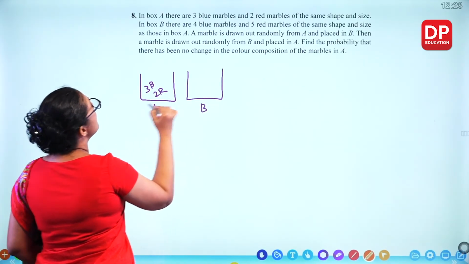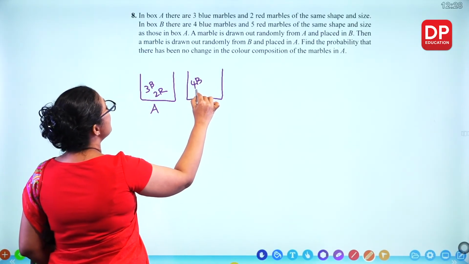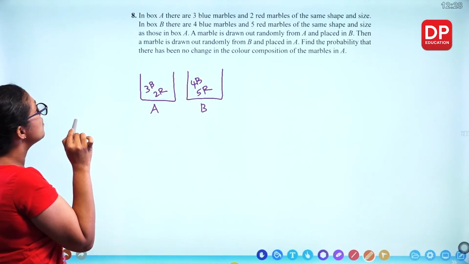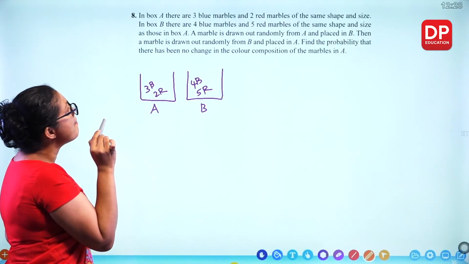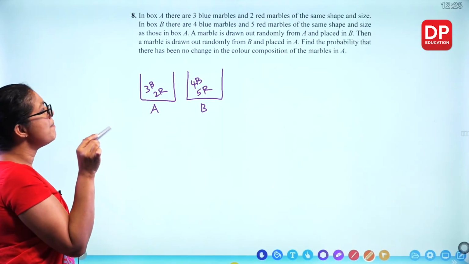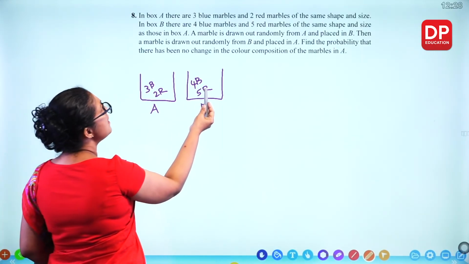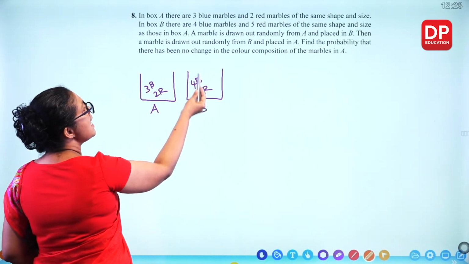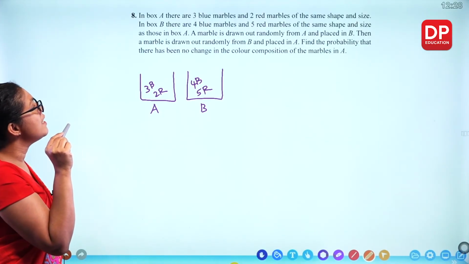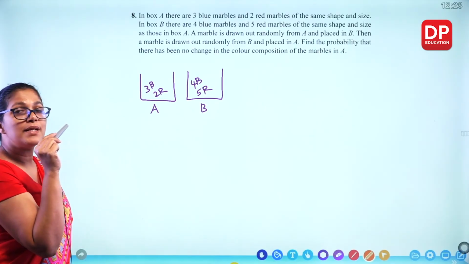In box B, there are 4 blue marbles and 5 red marbles of the same shape and size as those in box A. A marble is drawn out randomly from A and placed in B. Then a marble is drawn out randomly from B and placed in A. Find the probability that there has been no change in the color composition of the marbles in A.